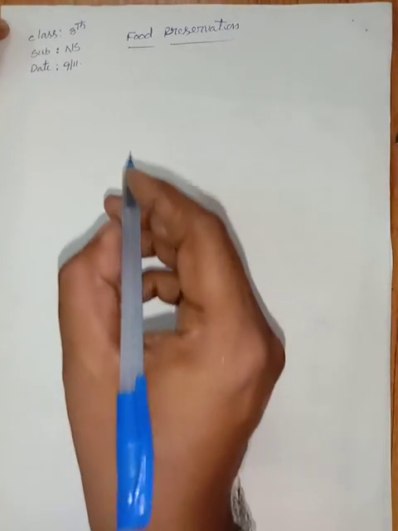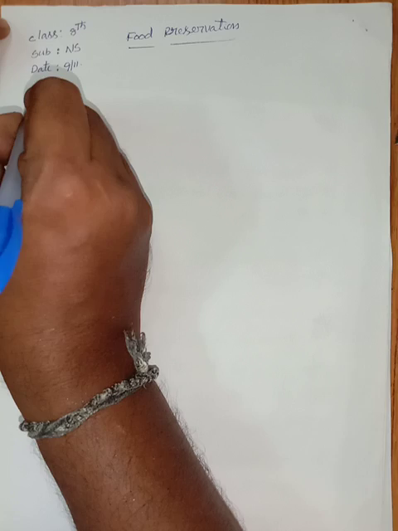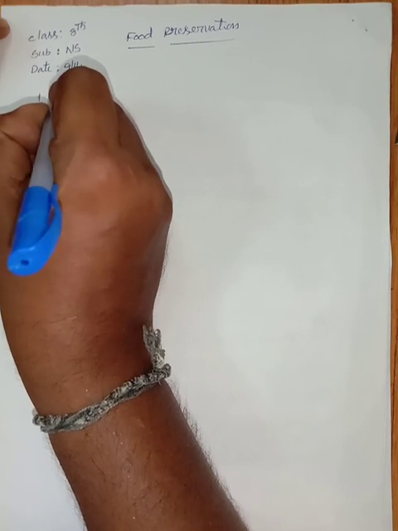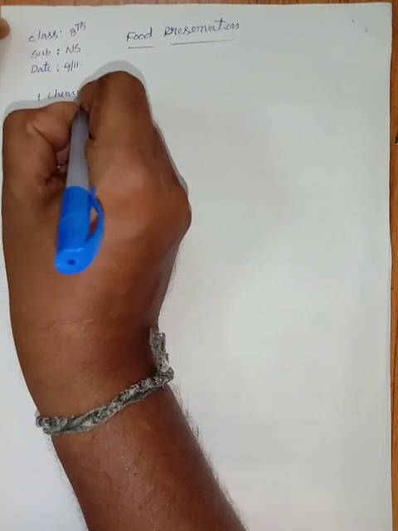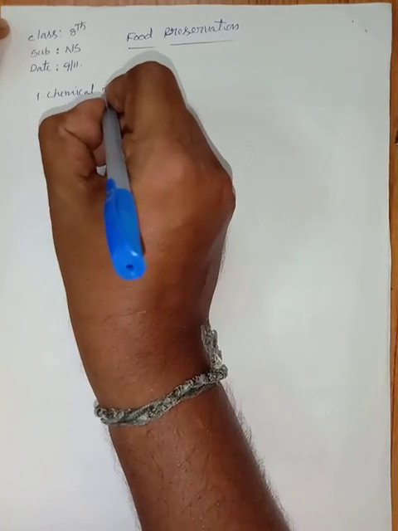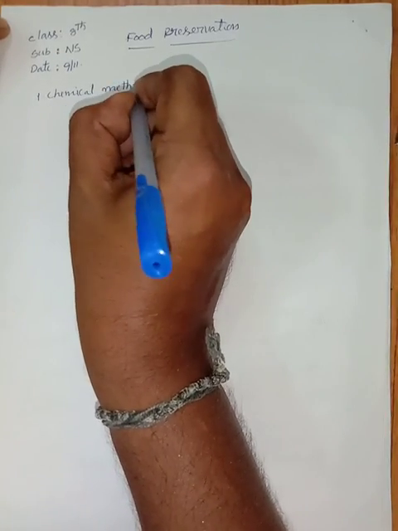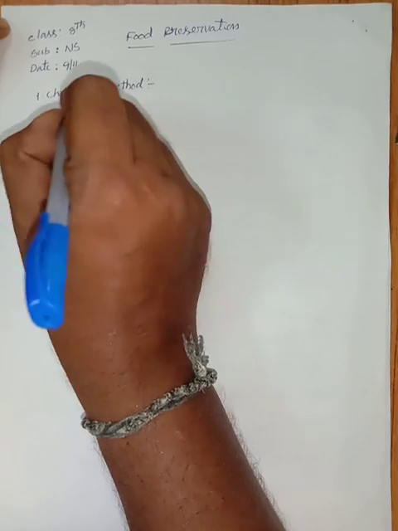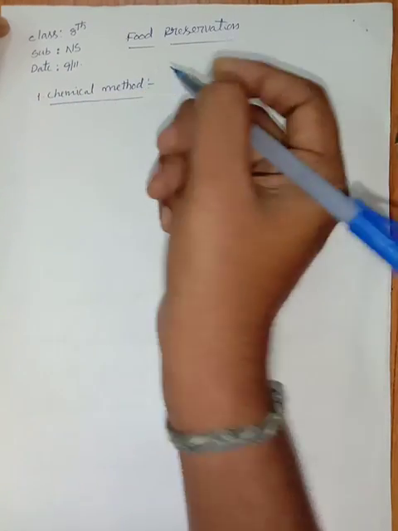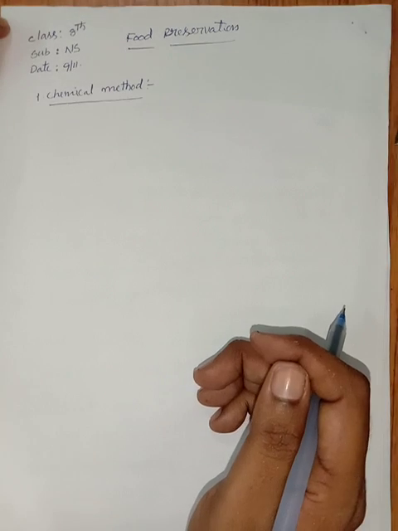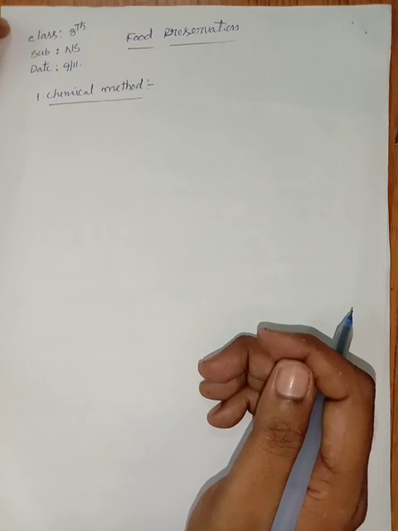First method, chemical method. In food preservation process, different methods are present. The first method is chemical method.